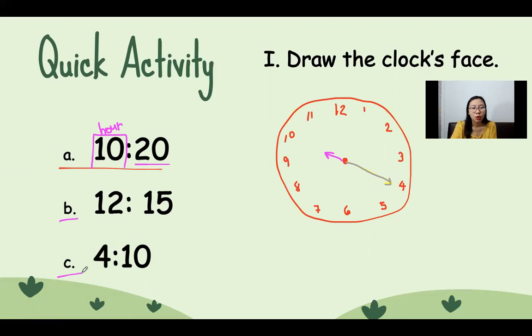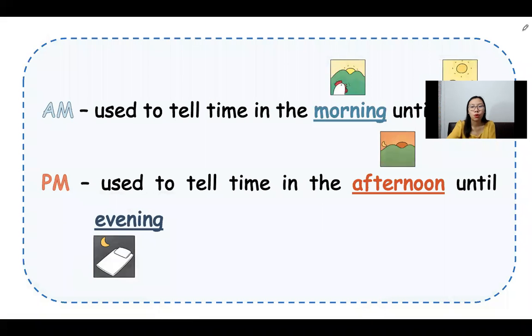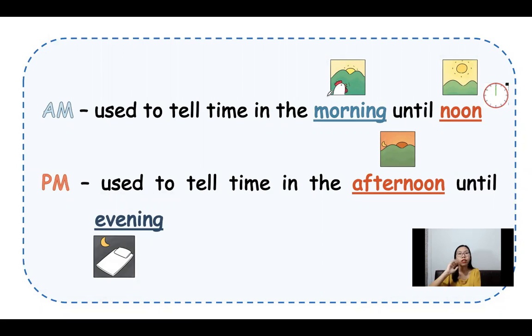All right, let's go to our next words. We have 2 more words. We have AM and PM. We use AM to tell time in the morning until noon. Morning, we go to school.